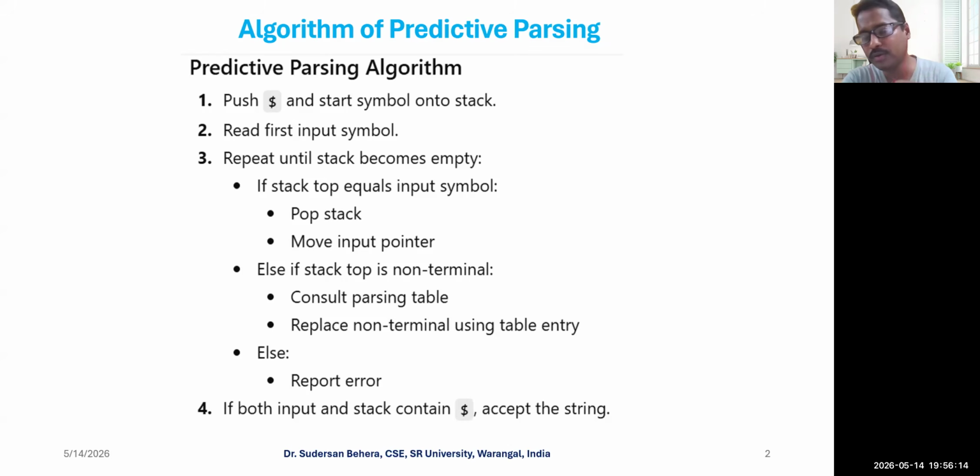If the symbol in the input buffer is not equal to the top of the stack, that is okay. But if the top of the stack is a terminal, then the matter is closed. There will be an error associated with the input symbol. If it is not a terminal but a non-terminal, then that non-terminal needs to be expanded in order to see the next terminal.